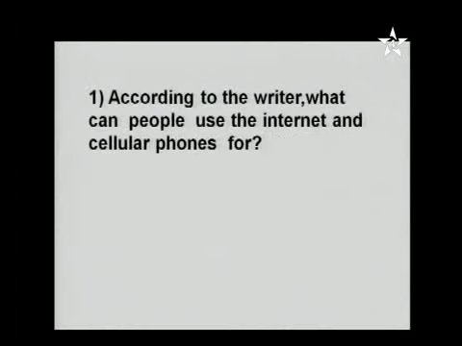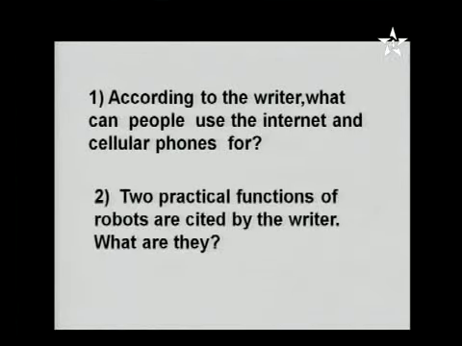Now here are the questions. Number 1, according to the writer, what can people use the internet and cellular phones for? Okay. Number 2, 2 practical functions of robots are cited in the text by the writer. What are they?